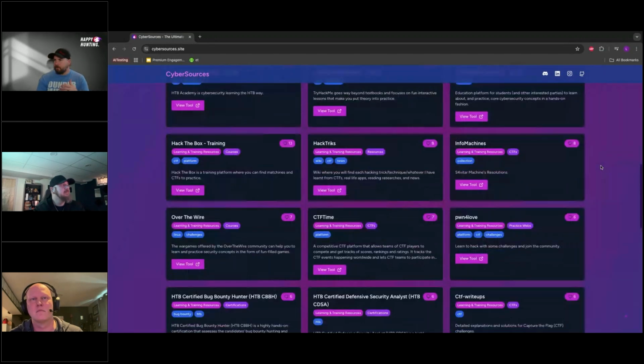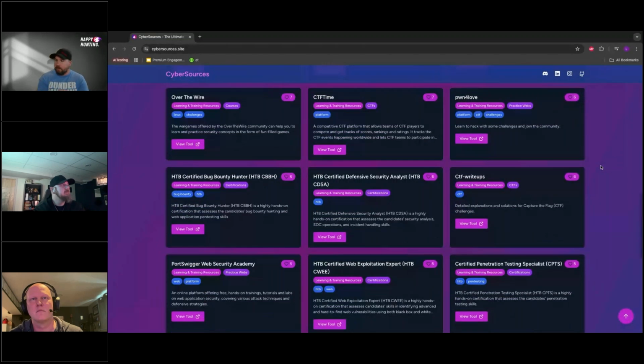But the others that may be free are pretty neat, because one of the biggest hurdles we've heard from the community is: I want to become a threat hunter, or a pen tester, I want to get into cybersecurity, but they don't have the resources available because they can't buy an EDR. They can't buy a Splunk license, or they don't have the data. So any chance I have to champion an organization or someone that created that community or resource, I'm definitely going to. I hope you can go check it out and let me know if you like it or not.